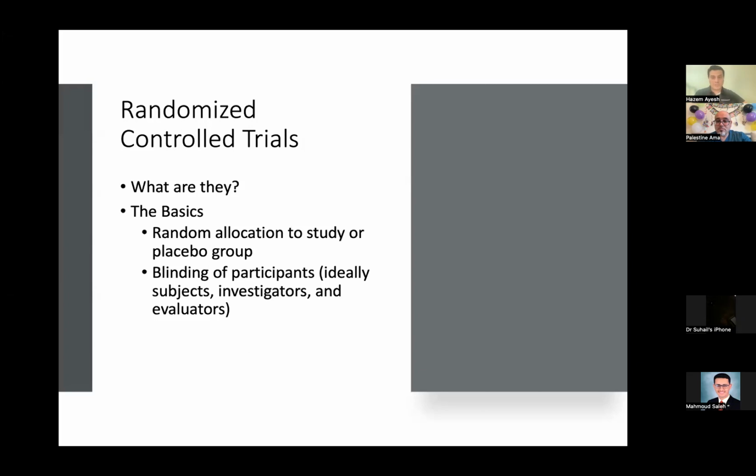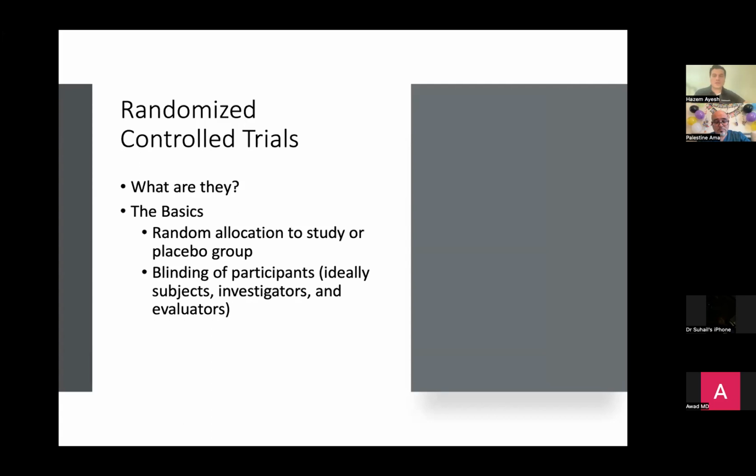The second component is blinding. Blinding can be at any level: at the patient level, at the investigator level, and also at the analyst level. For example, in theory, the patients should not know if they are in the treatment group or the control group. And ideally, you as the investigator conducting this study also may not know if the patient is in the treatment group or the control group.